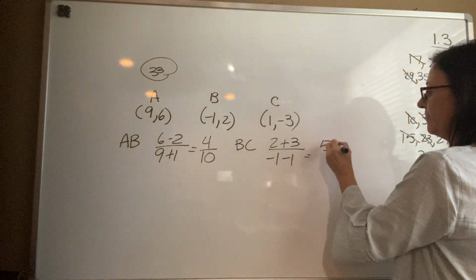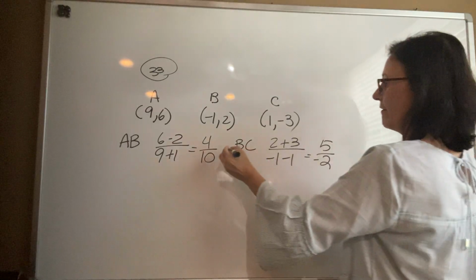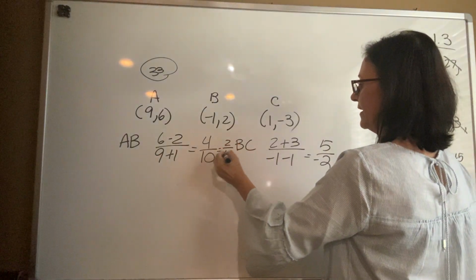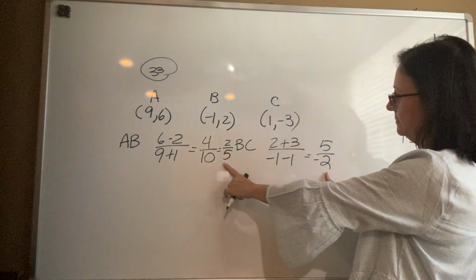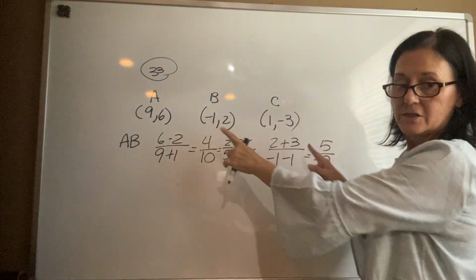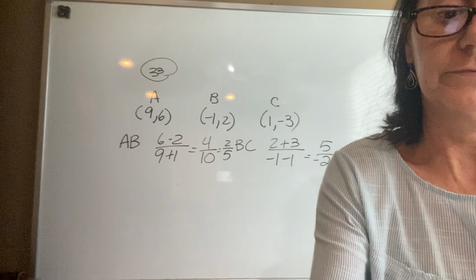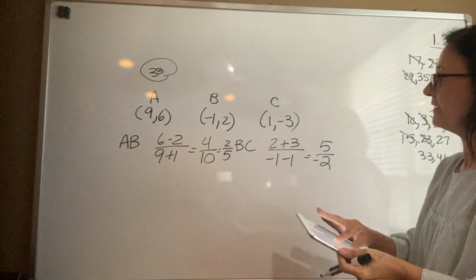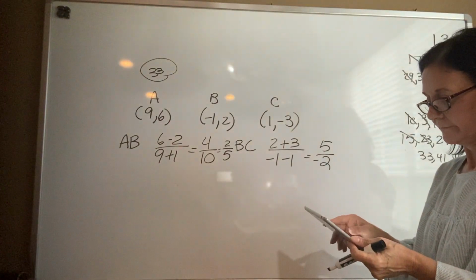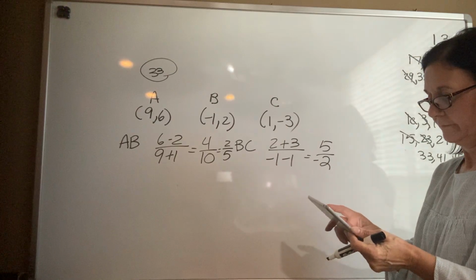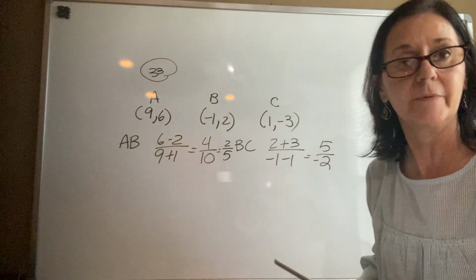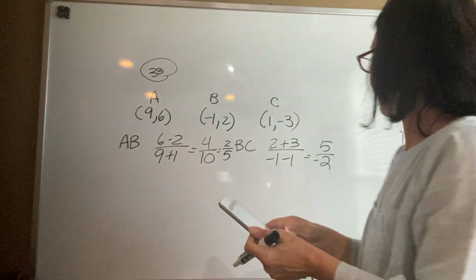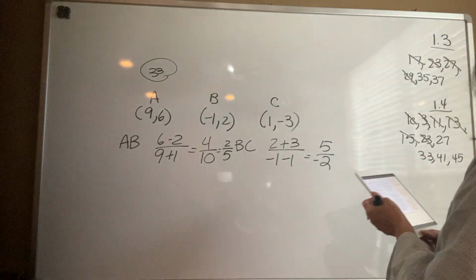That is 5 over -2. That's 2/5, right? That's the negative inverse. So it is a right triangle. 33 is a right triangle. I didn't even have to look at AC. I could have looked at AC. It doesn't matter. It's not going to be perpendicular. You can only have one right angle.